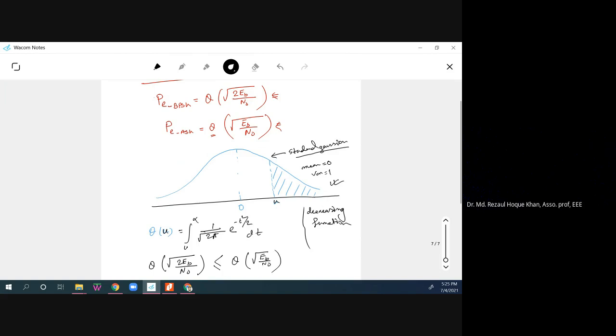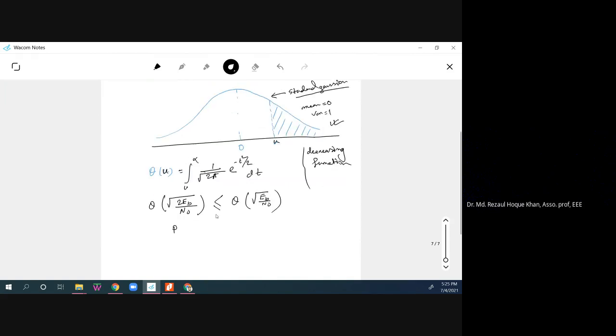That is the probability of error of BPSK, which is lower than the probability of error of ASK. So the probability of error of ASK is higher than BPSK.